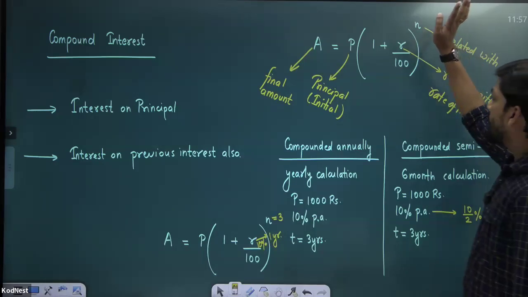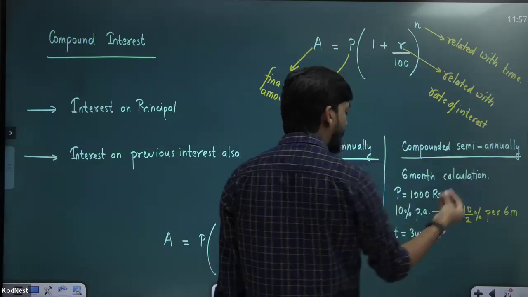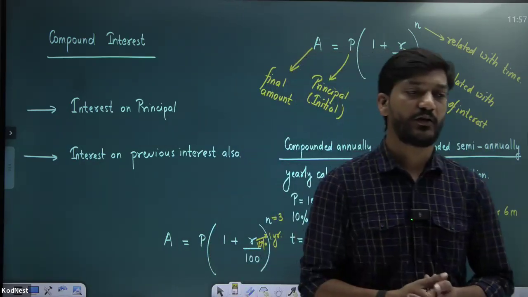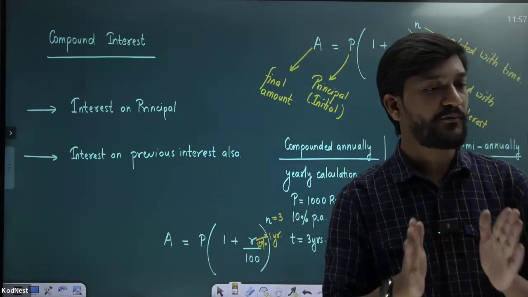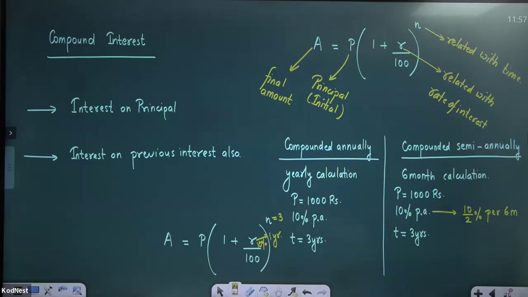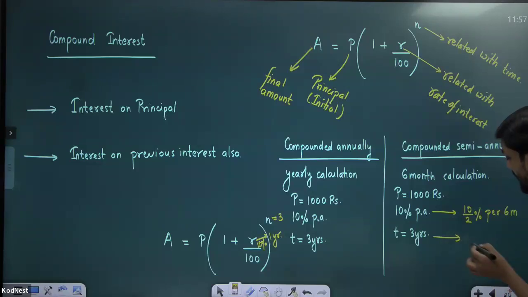This n value is related with time. So how many times you will calculate in a 3 years period? How many times you will do the calculation? Every 6 months calculation has to be done. 1 year 2 times, so 3 years 6 times.